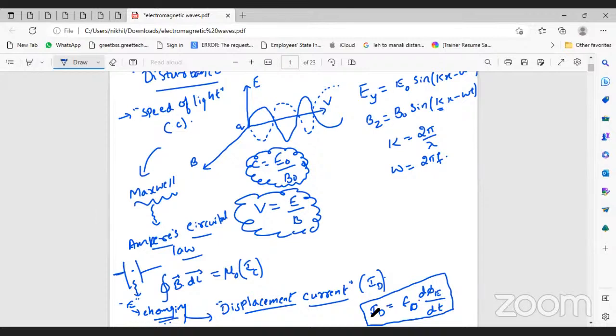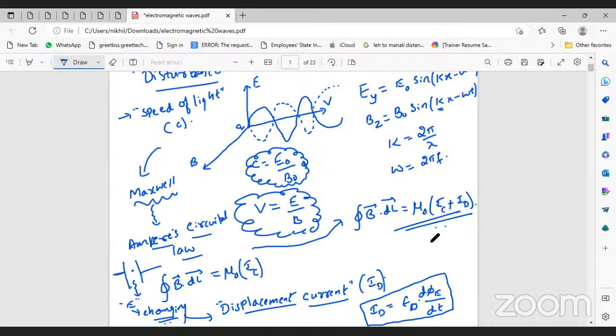So, according to the Ampere's circuital law, the Maxwell's equation is going to be rewritten. The integral of magnetic field, that is B dot dl, is equal to mu naught times the conduction current plus one more current that is due to the varying electric field, that is called the displacement current, that is ID.